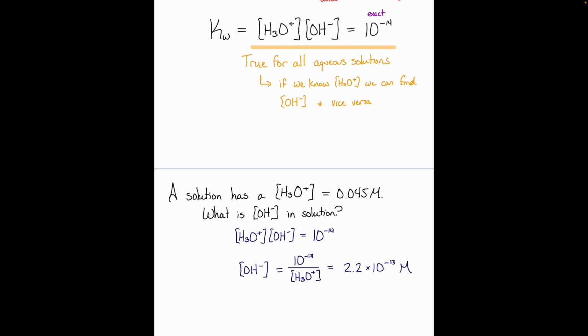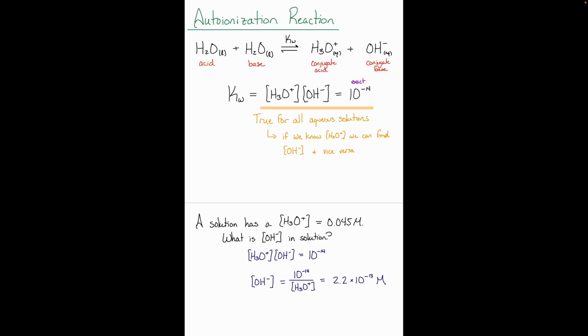All right, so again, our autoionization relationship here says that if we know one of these two concentrations, we can always find the other one, because their product always has to equal that same magic number, 10 to the negative 14.